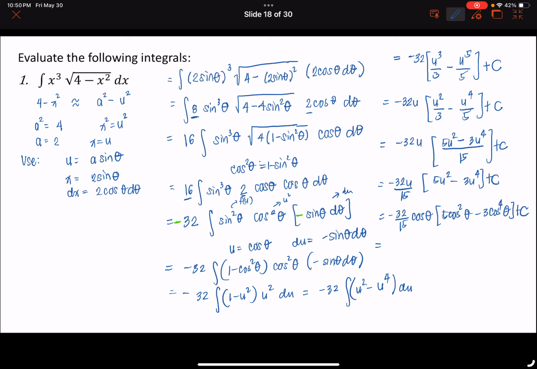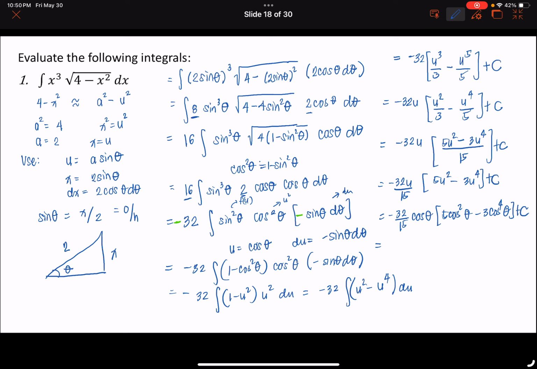We now solve our triangle. So we have sine theta equal to x over 2. For our right triangle with an angle theta, sine theta is opposite over hypotenuse, with the opposite being x and the hypotenuse 2.